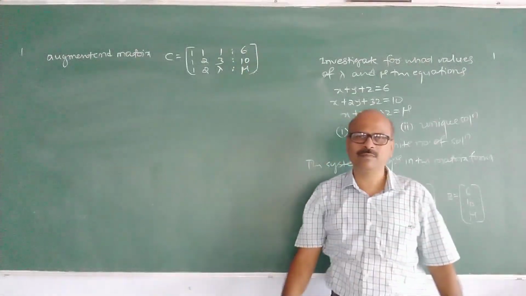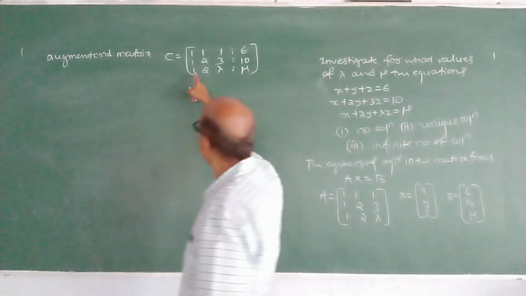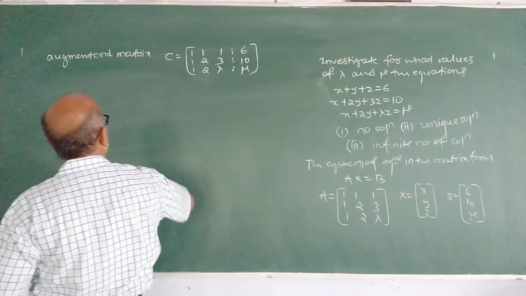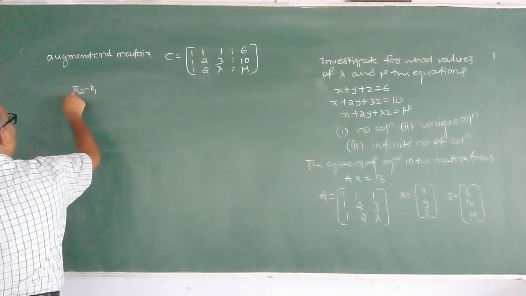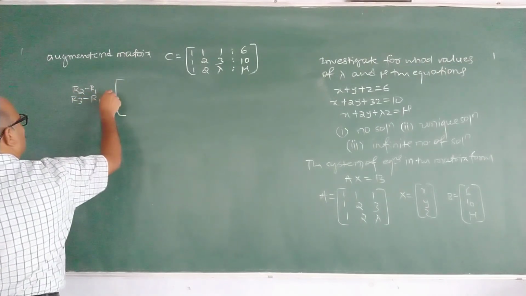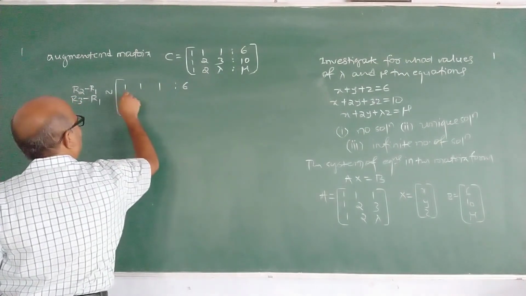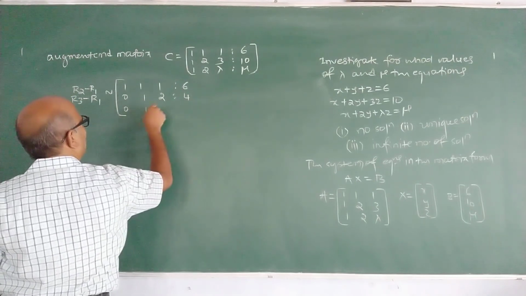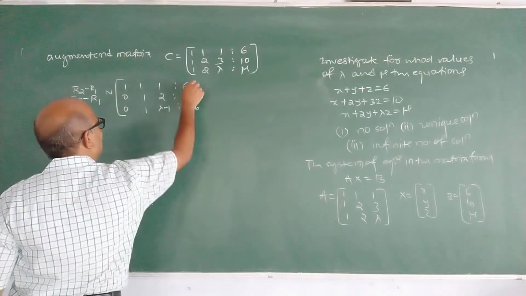What is the procedure? You have to find out the rank of C, that gives the rank of A also. In the same step you will get this one. For that, R2 minus R1, R3 minus R1, that is the first step. So C is equal to 1 1 1 6, 0 1 2 4, 0 1 lambda minus 1 mu minus 6.